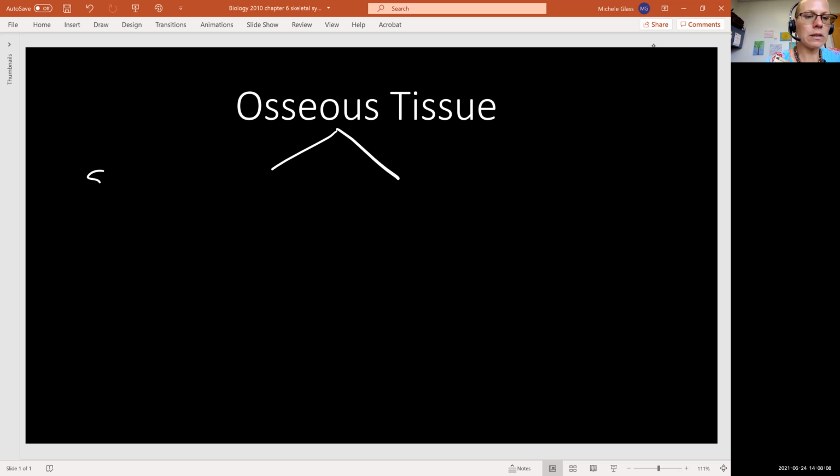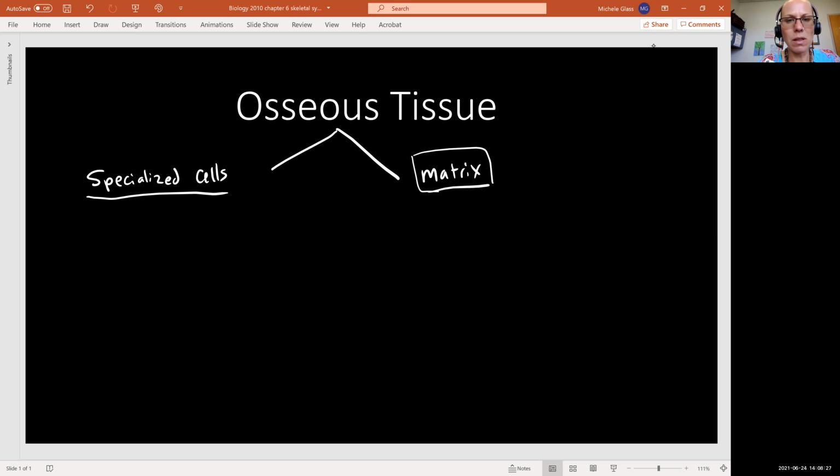So we're going to see a group of specialized cells in a ground matrix. The matrix is something that's being secreted by the cells, and it's probably the thing we're most familiar with because this is what gets left over as part of the remains of a vertebrate animal, an animal with a skeletal system.